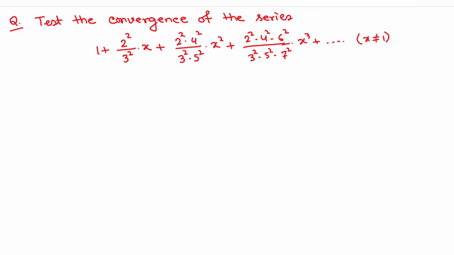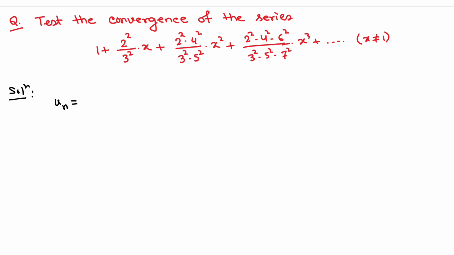The main point is you have to find out the un, that means the nth term. Okay, how to find out the un? Okay, solution. Un equals to, obviously you have to start from n equals to 1, because in my first lecture I told you that series is the advanced concept of sequence, and in sequence the domain is the natural numbers.